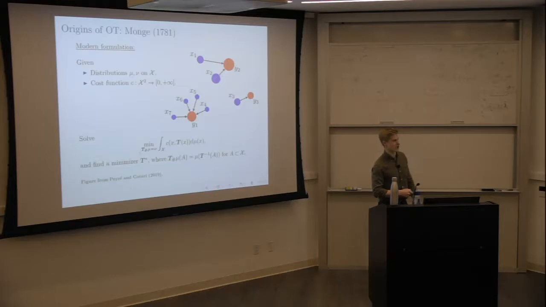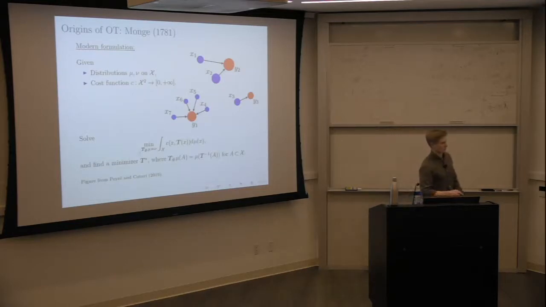This denotes the push-forward measure of mu via T. I'll talk a little bit more about that in a second. And given that, over all possible such maps, we want to minimize the total cost, right? That's what this problem here says. And we're also interested in finding minimizers, right?